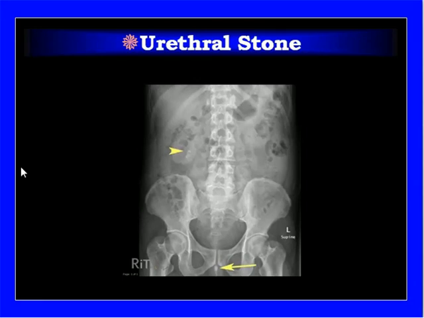Urethral stones we have seen very much commonly in the previous study, but if you can look at the lower segment of this image with the long arrow, you can see the stone which is present in the urethra.